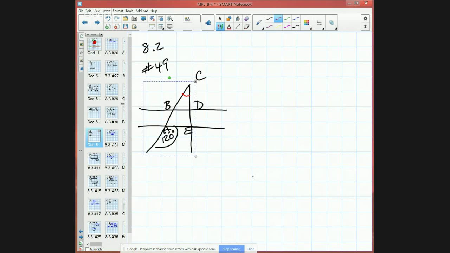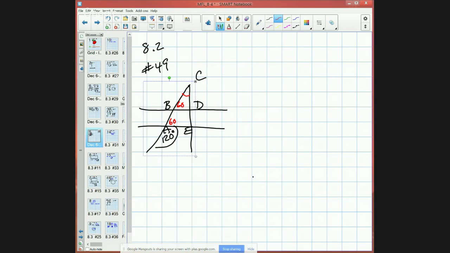If this one's 120, then by supplements, that angle BAE has to be 60, right? And BAC is 60. That means CBD is 60 because they're called corresponding angles. They're in the same places where the parallel lines meet.